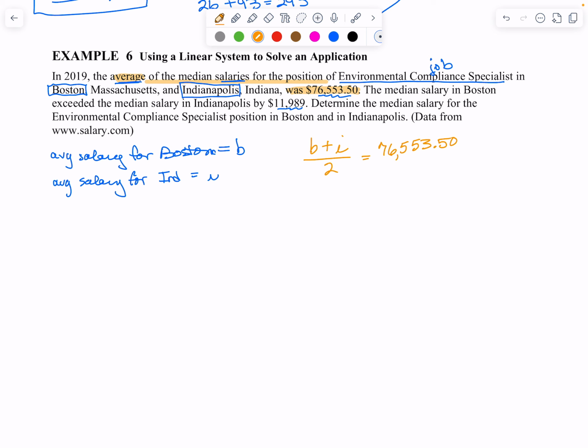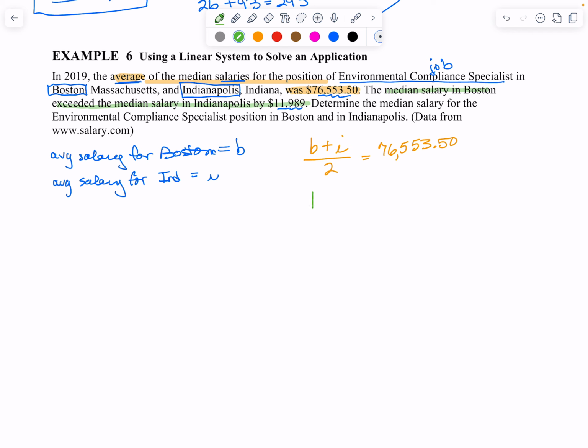Okay, next, let's look at this one. Let's see what this one says. The median salary in Boston exceeded the median salary in Indianapolis by that much. So Boston made more than Indianapolis, right? Whoever lived in Boston or whoever worked in Boston.